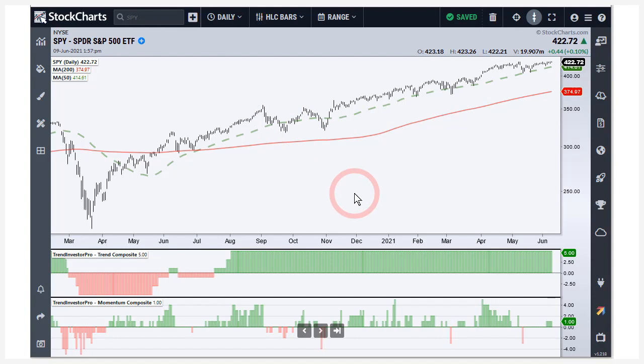Because basically the method behind the madness is you never know which indicators are going to trigger, which ones are going to be hot, which ones are going to be not. And I pick 5 that I like. And so when 3 of the 5 are bullish, that's a net of +1. The trend composite is bullish, and that's an uptrend. And I don't look for all 5 or 4 of the 5 to be bullish. If 3 of the 5 are bullish, a simple majority, then that is enough for me to turn bullish.